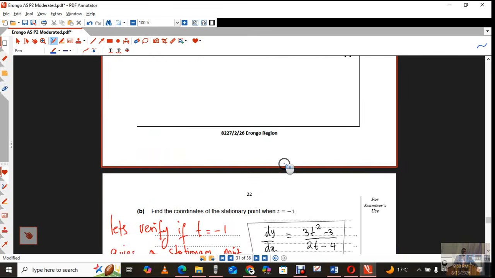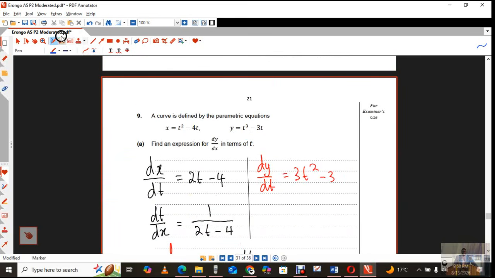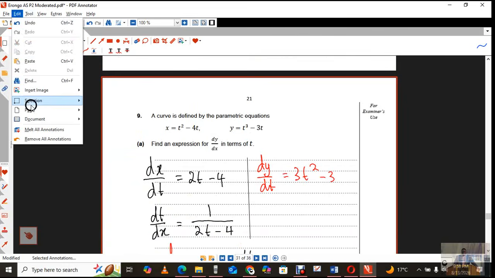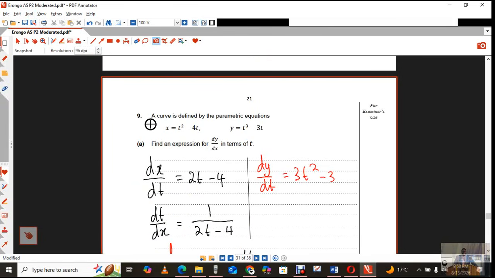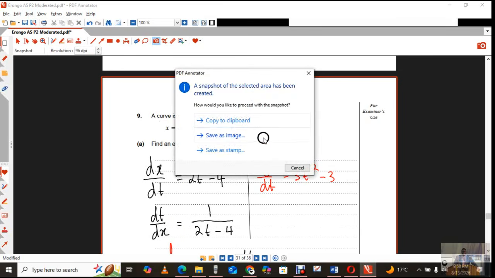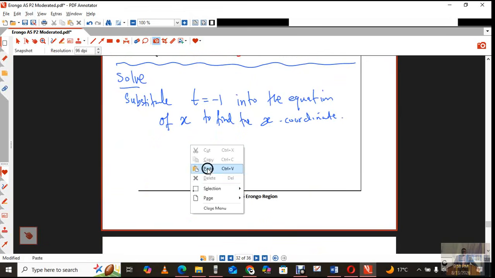So what was the equation? Now let's just go back, all the way back. These are the two equations I'm referring to. So I'm just going to copy them, take a snapshot, so that I don't have to come back to them again.